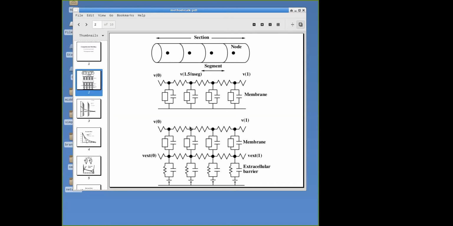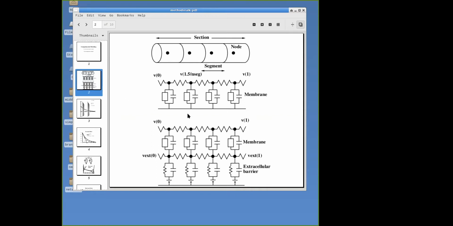Okay, so the membrane potential is the difference between this potential and this potential. And then we have the properties of the extracellular space, which is in this case a capacitor in parallel with a resistor. Probably think of that better as being like myelin. Okay, and then this battery element.